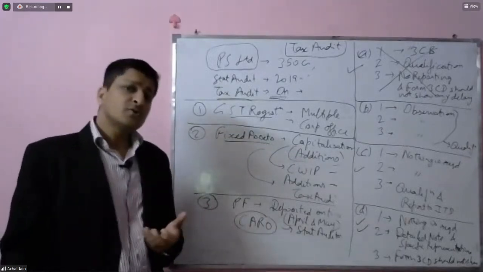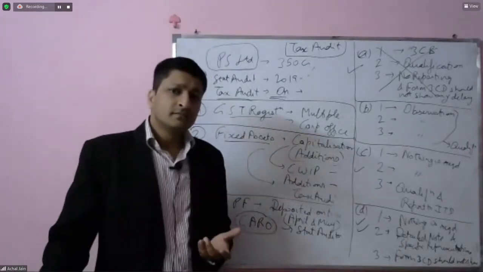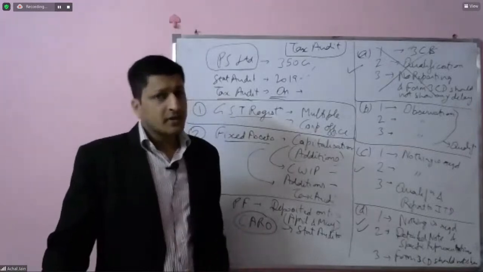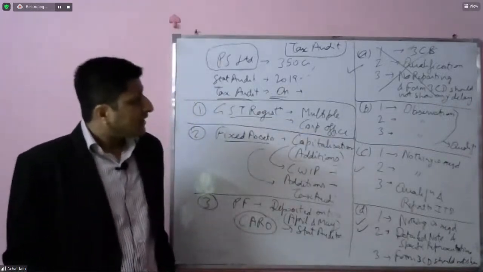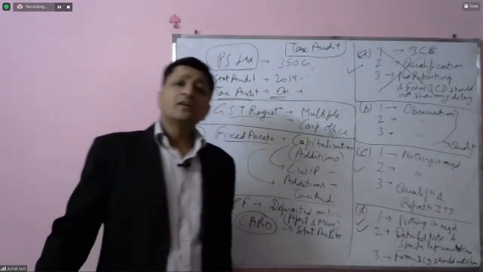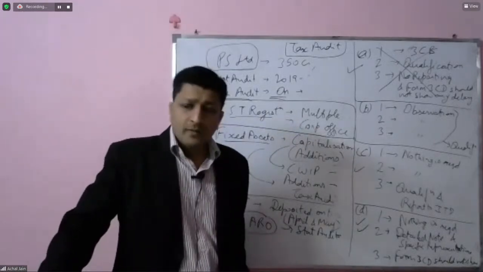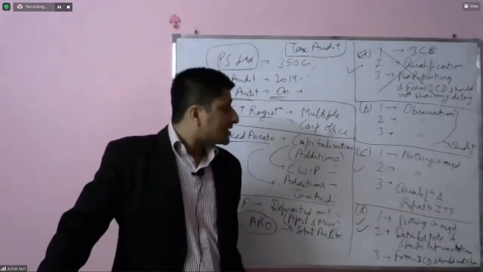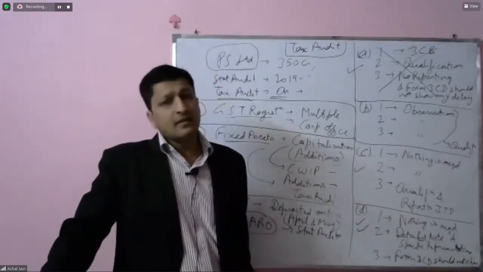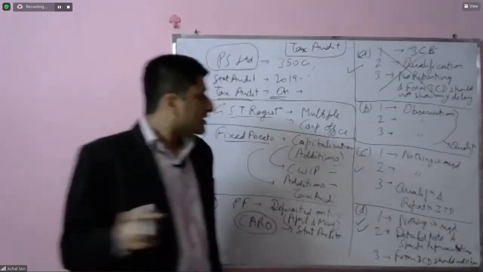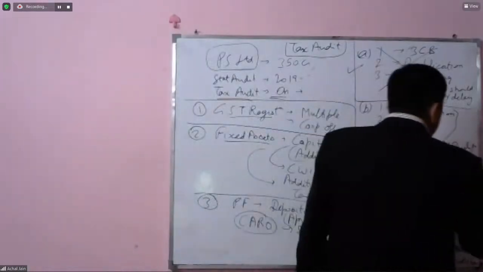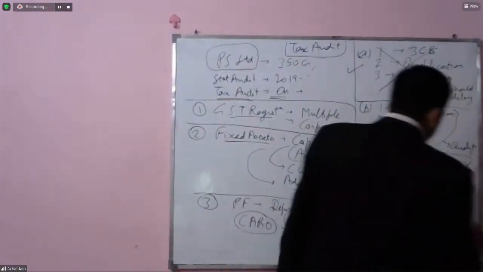Is there any problem in showing the registration number? It should not be there. Yeah. So that's why this point of the management is unacceptable when they say that the GST registration should not be given. So we can say that this is not acceptable.